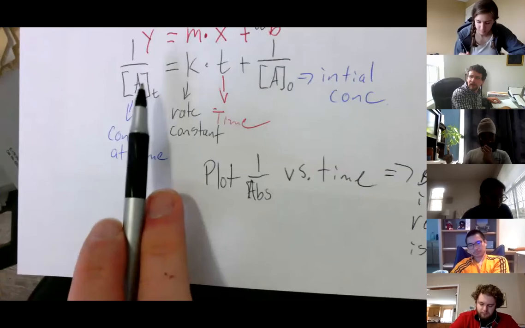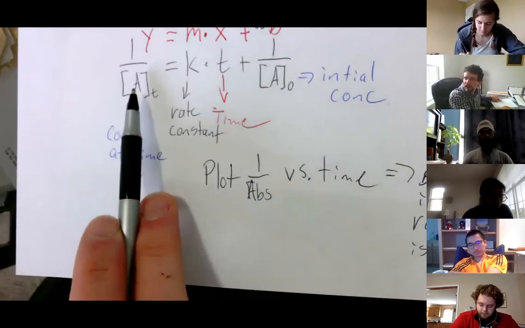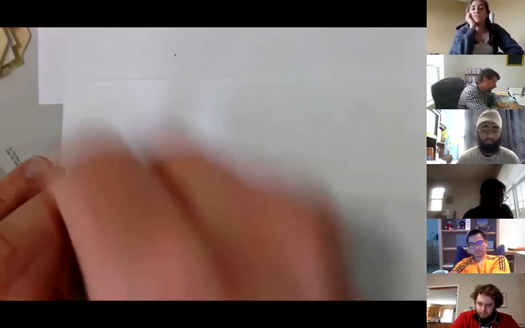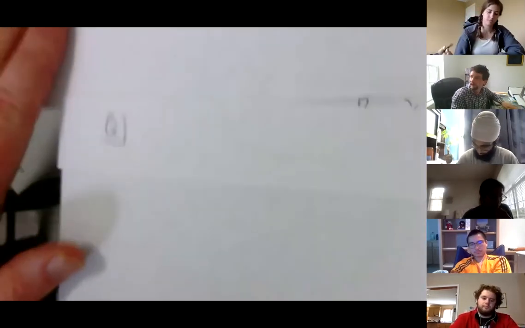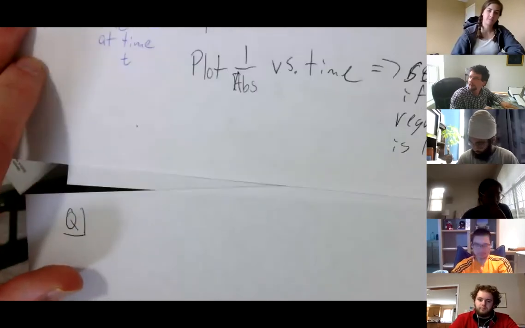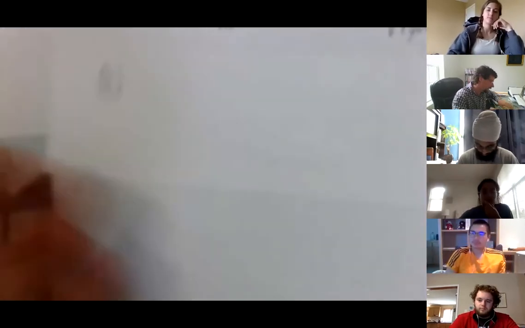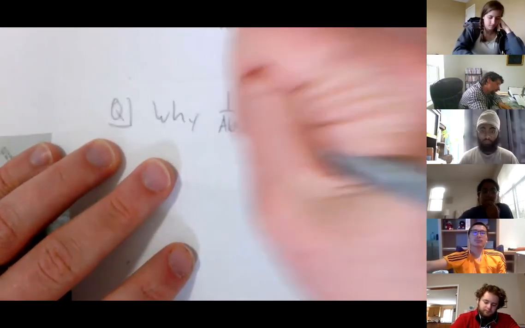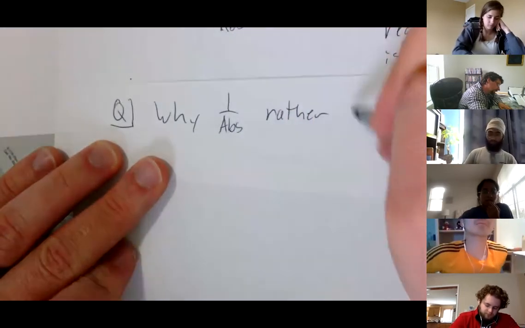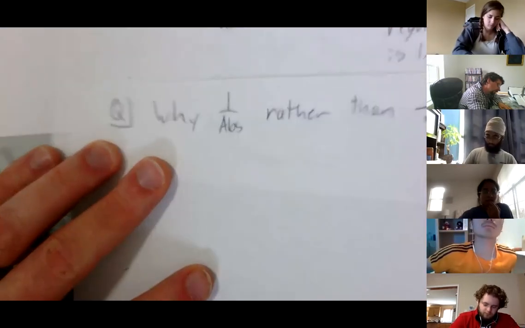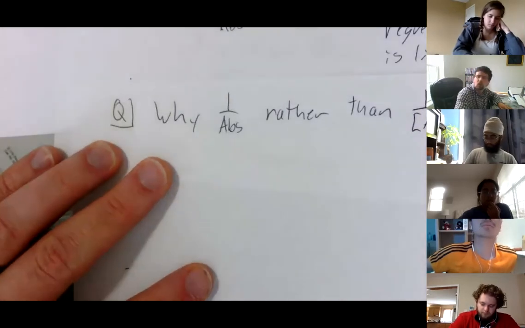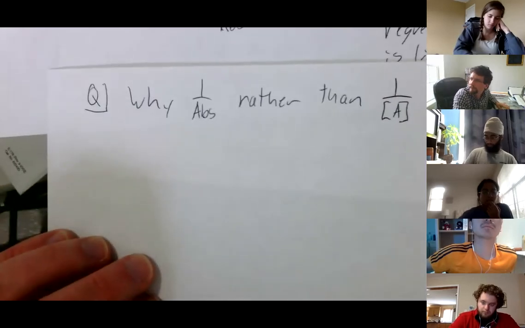So if you notice, in our integrated rate law we had concentration, but I said plot 1 over absorbance. So the next question: why 1 over absorbance rather than 1 over the concentration of A? What allows us to do that?